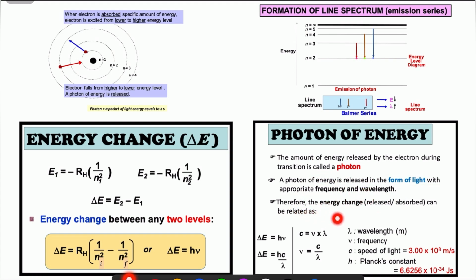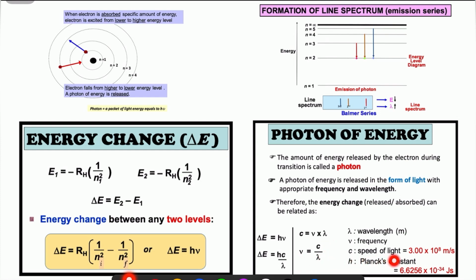Therefore, the energy change, whether it is released or absorbed, can be related by using this formula: delta E equal to h nu, and I told you before that the frequency equals c over lambda.